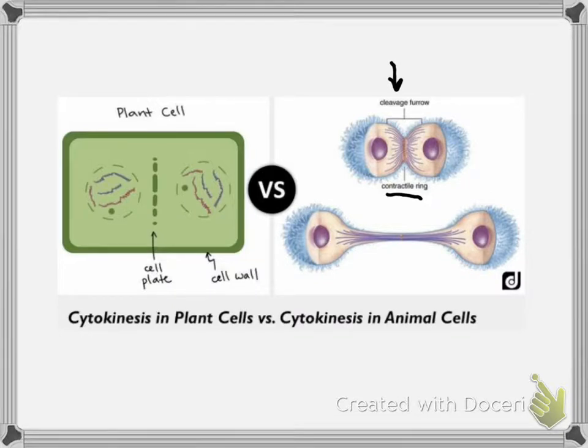And in a plant cell, you're going to build up a cell plate made of cellulose. You build a cell wall where that equatorial plate was. In any case, whether it's a plant or an animal cell, you now have two diploid daughter cells. They're going to be identical to what you had started with.